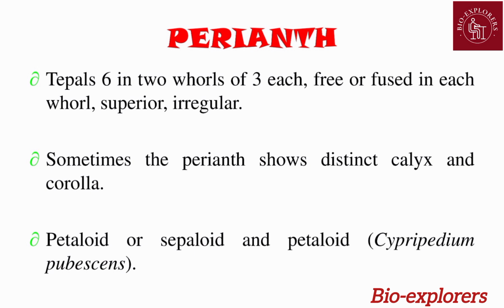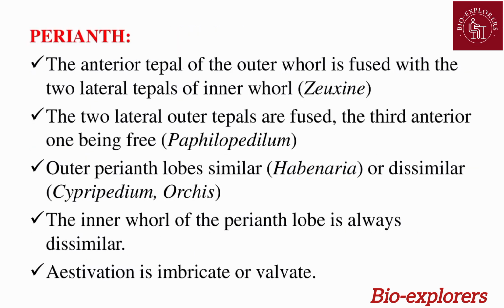For example, for sepaloid and petaloid perianth is Cypripedium pubescens. In Mesadenella, the sepals are much larger than the petals. In Zeuxine species, the anterior tepal of the outer whorl is fused with the two lateral tepals of the inner whorl. In Paphiopedilum species, the two lateral outer tepals are fused and the third anterior one is free.